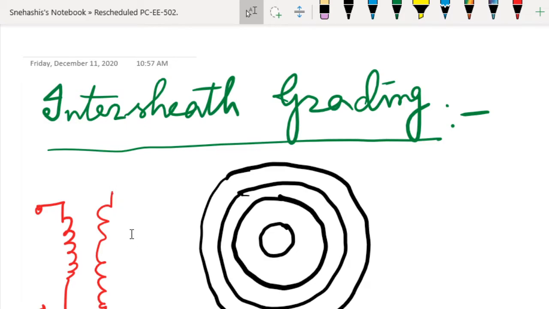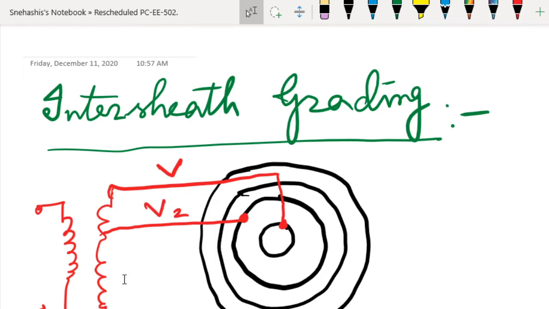This will help in maintaining different layers at different voltage levels. So this is voltage level V. There is another voltage level V2. Then comes V1. And the outermost layer is placed at ground potential, that is 0 volt.